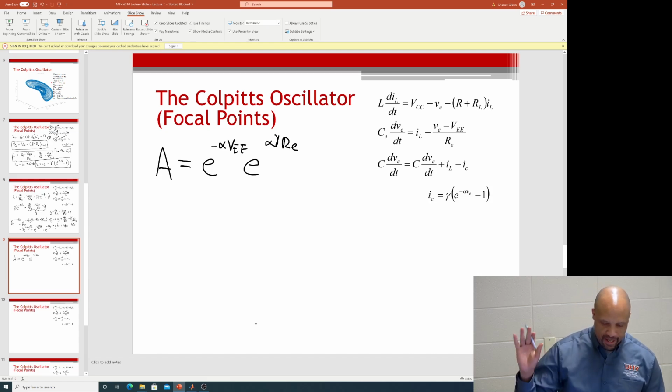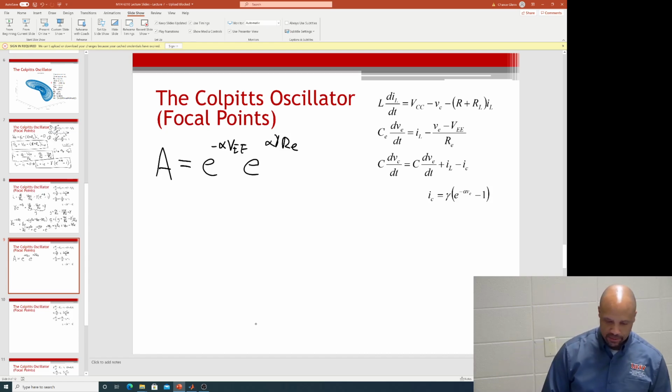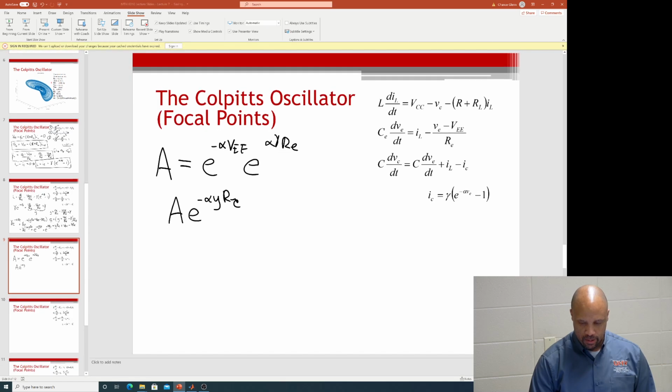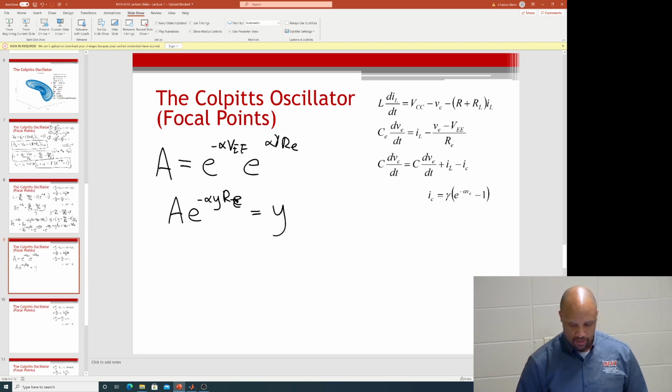That's what A now is, which is just one big constant. And we know that this is now A times e to the minus alpha y RE, so that is equal to y. Okay, we know that.